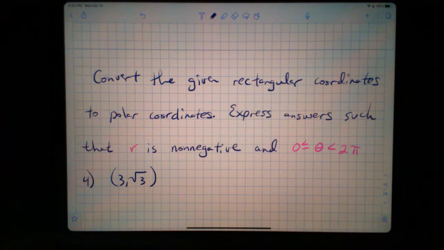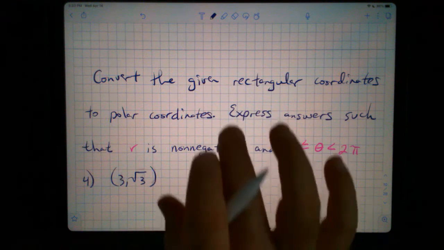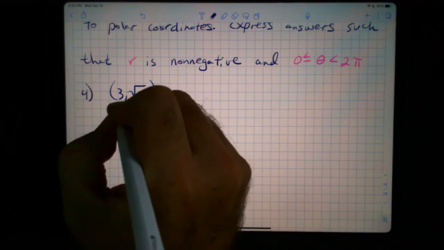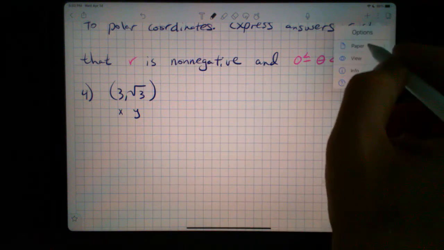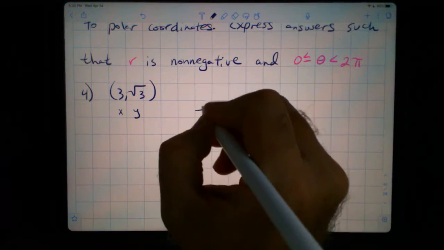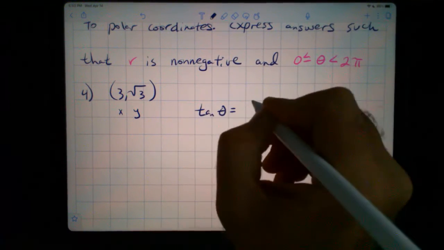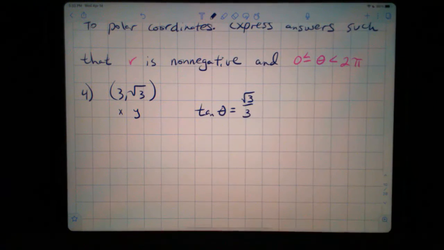Convert the given rectangular coordinates to polar coordinates. Express answers such that r is non-negative and theta is in the first revolution. Tangent of theta is radical 3 over 3.